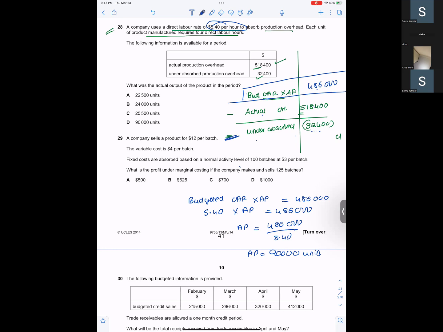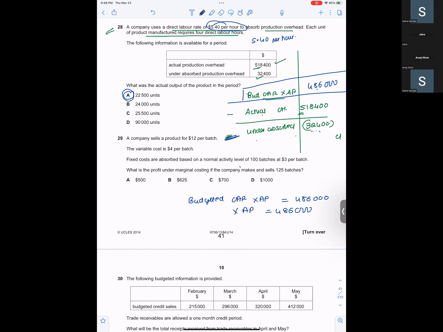Now I will tell you one thing. The answer is A. Actual output of the product in the period. Budgeted overheads is 5.40 per hour.